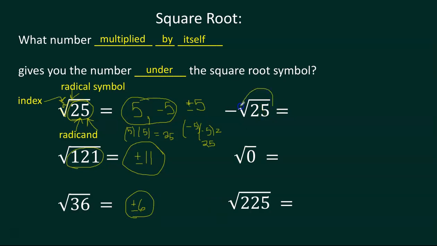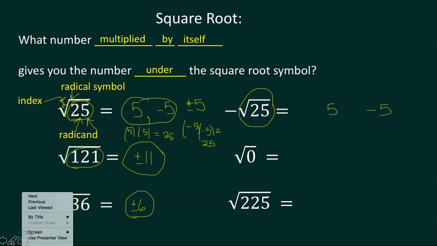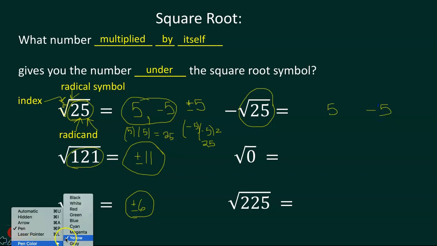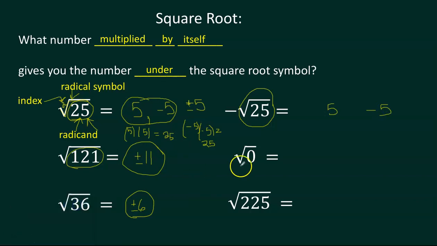All right, now it's time to step it up a bit. So I want you to focus on just the square root first. The square root of 25, we already said, was 5 or -5. Now I'm going to grab another color pen to make this more clear. If you have a negative out in front, the square root of 25 can be 5 or -5, and then we have a negative out in front of that.